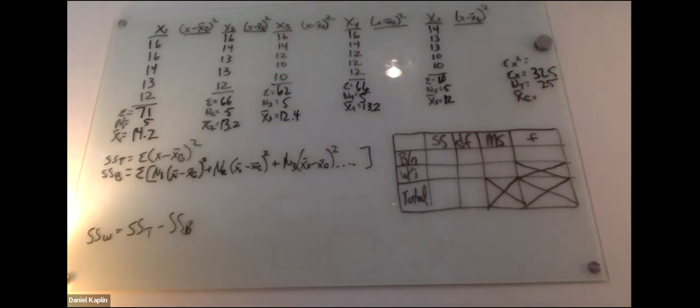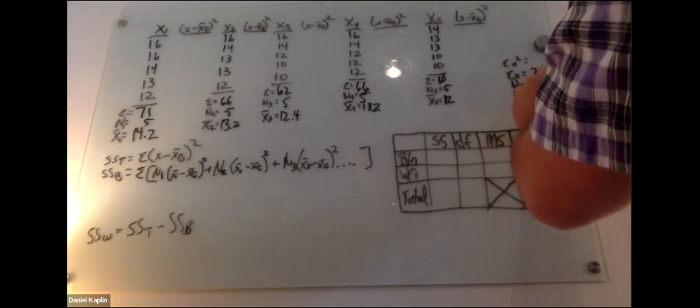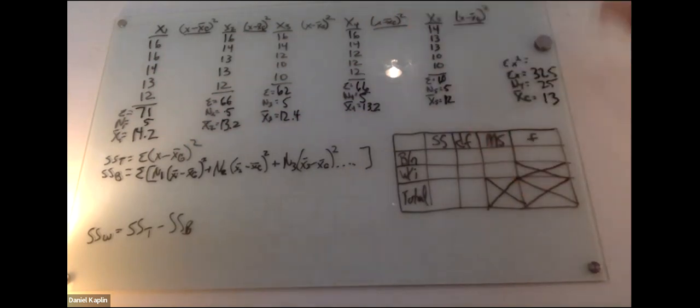And if we did that, we would get a grand mean of 13. Now that's important because we're working our way through it. Now we had to do all of that to get the grand mean, right?